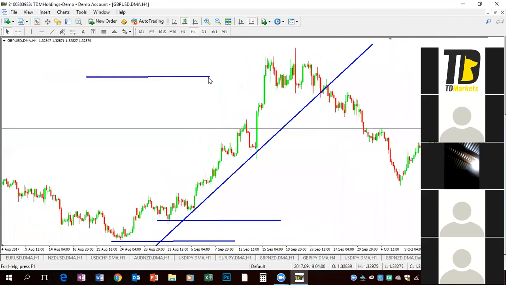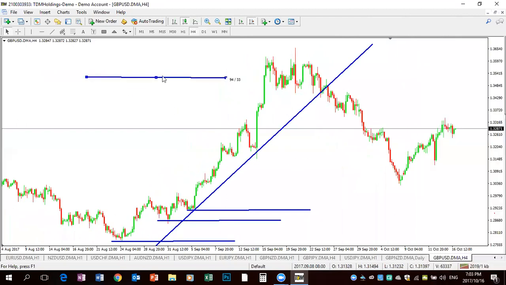Yes, it is my support. This is also my support. All my turning points in the market where the market is moving upwardly are my supports. Can you see this is also my support? All the turning points are all my support. Can you see here? The market was supported here. Yes, that is my support.